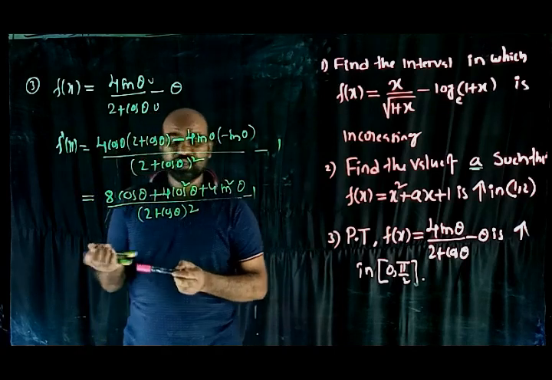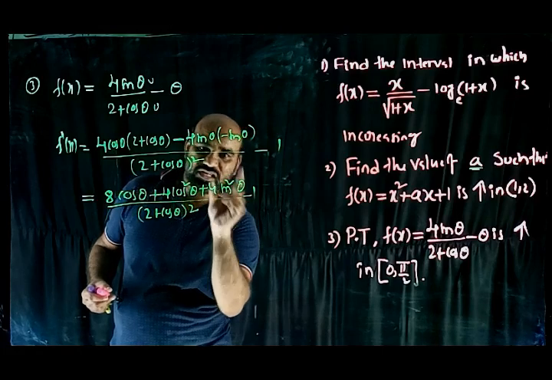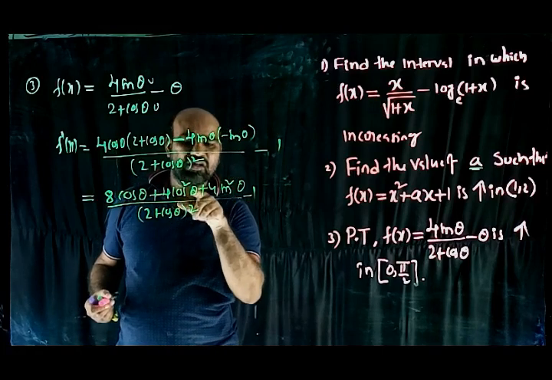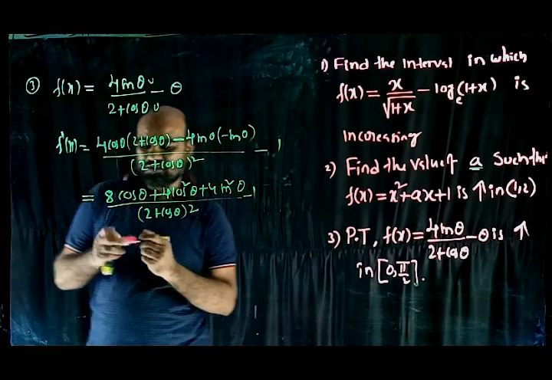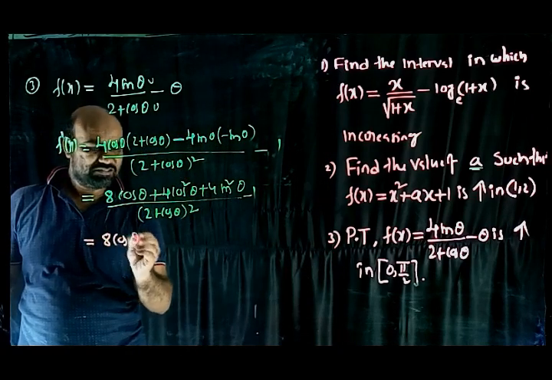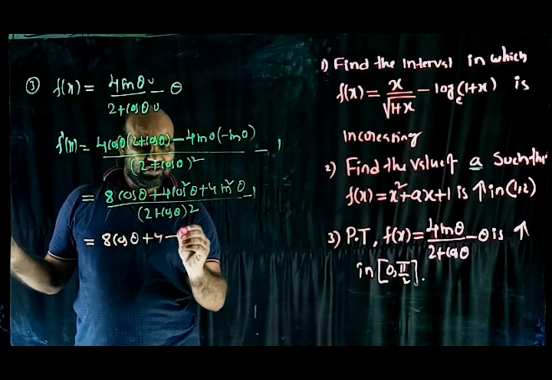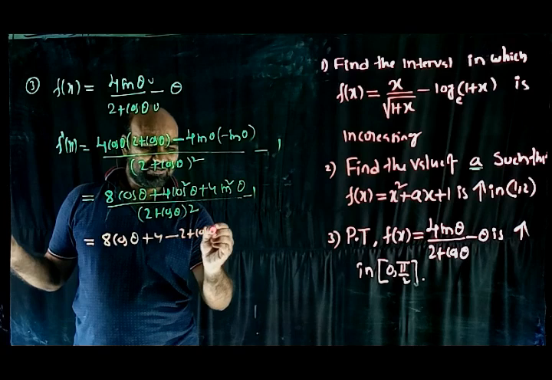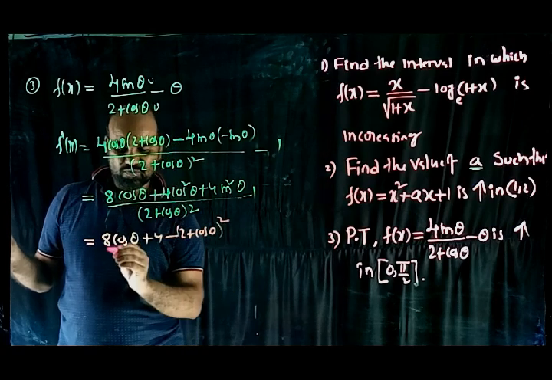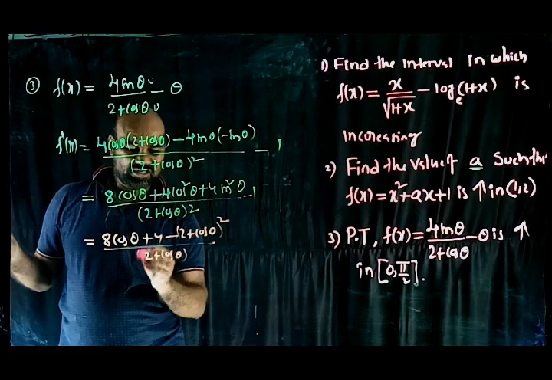Okay, so what happened here? 4 cos square theta plus 4 sin square theta is 4 only. 4 we can take common; cos square theta plus sin square theta is 1 only. So that's why this is 8 cos theta plus 4. LCM is taken directly: minus 2 plus cos theta whole square, by 2 plus cos theta whole square.